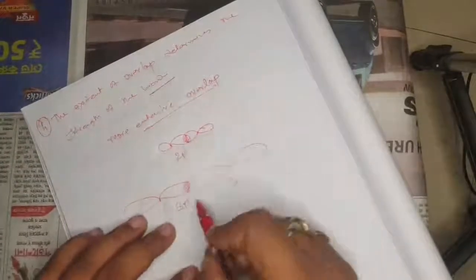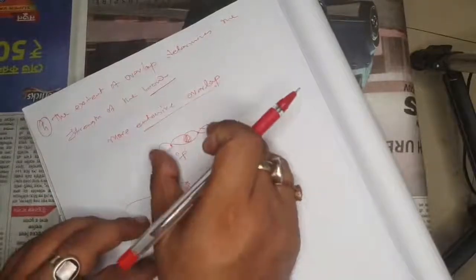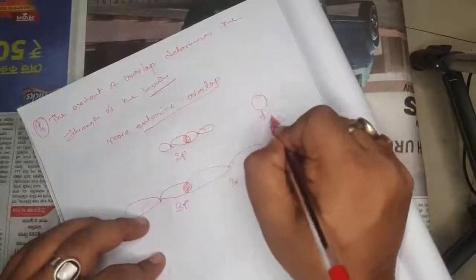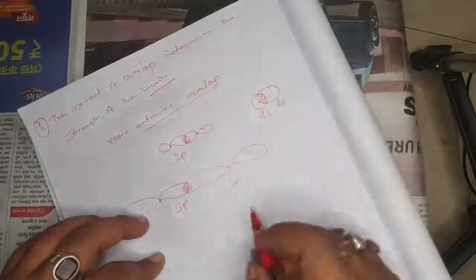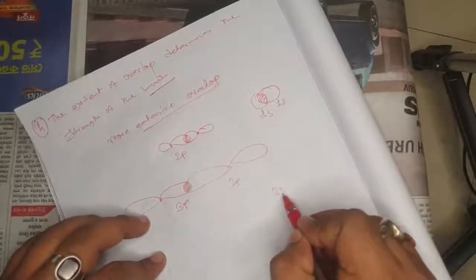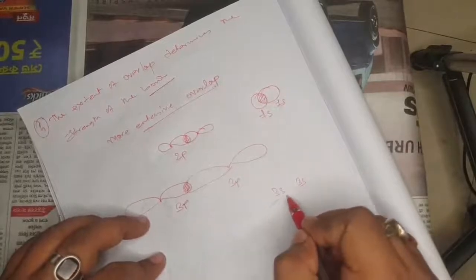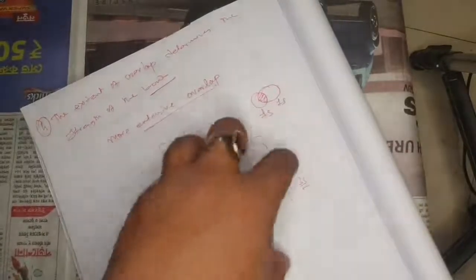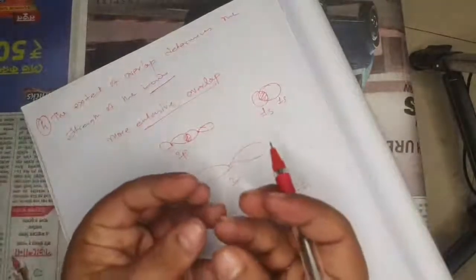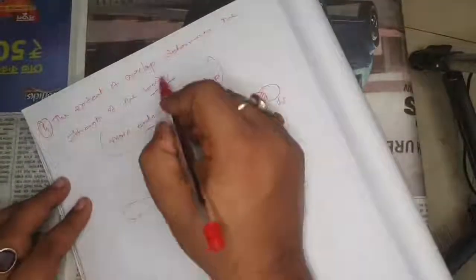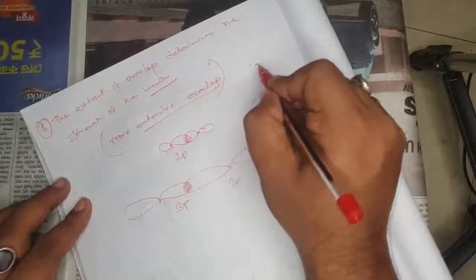In case of 2p the extent of overlap is greater because the orbitals are smaller. If you overlap 1s with a 1s, they both are small and the extent of overlap is more. But if you overlap a 3s with a 3s, the extent of overlap will not be more because they are bigger orbitals. So remember, the smaller orbitals have more extent of overlap and hence the length of the bond is also small.